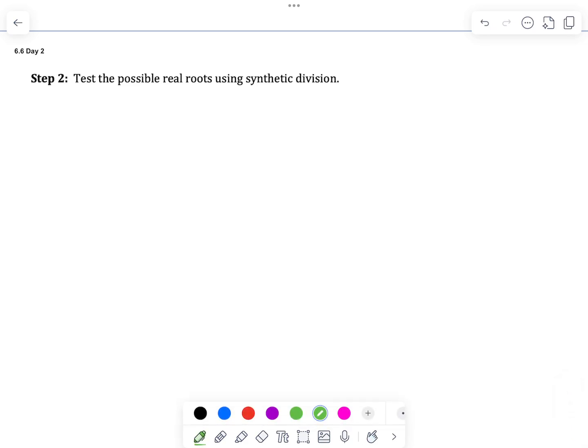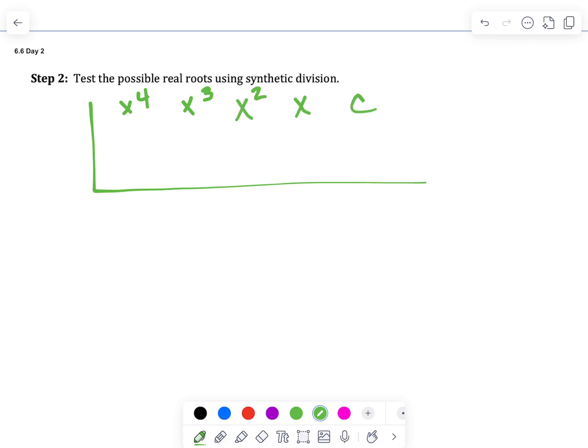So we set up our box. We have x to the 4th, x to the 3rd, x squared, x, and constant. Then we put our coefficients in, 1, 4, -1, 16, and -20.